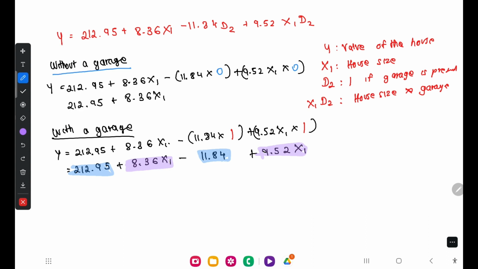So if I write that down, 212.95 minus 11.84 will give you 201.11 plus... the intercept has changed now. Previously it was something, now it's something else. But about the slope, 8.36 plus 9.52, 17.88 x1.